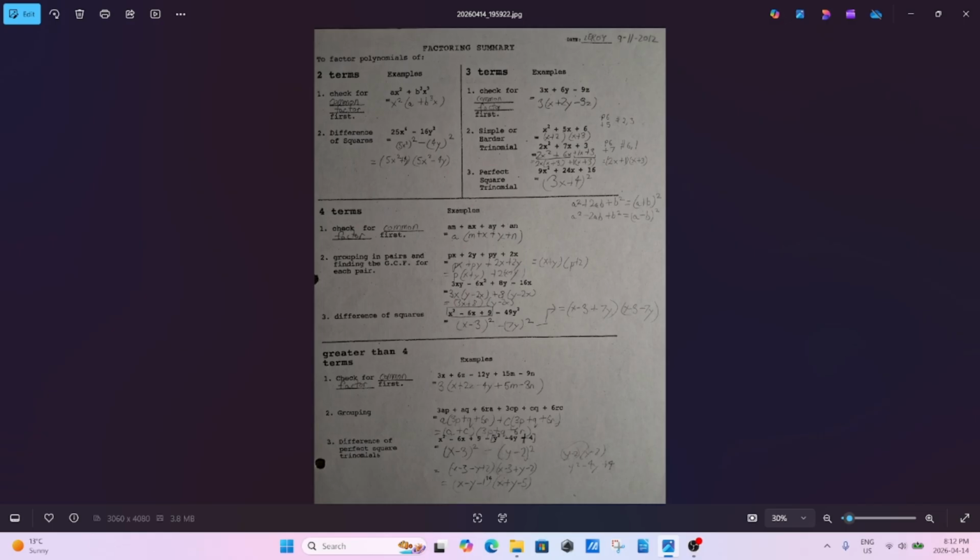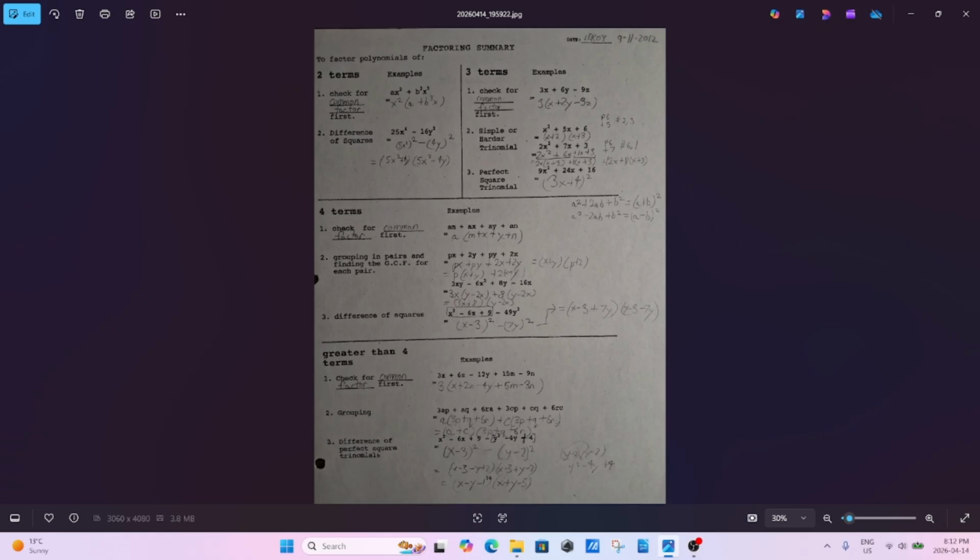So here, 25x to the 4 minus 16y squared is equal to 5x squared all to the exponent 2 minus 4y to the exponent 2. And so that is equal to 5x squared plus 4y times 5x squared minus 4y.